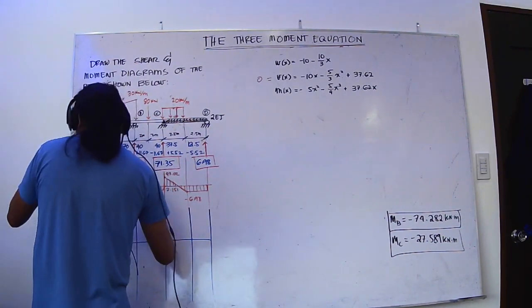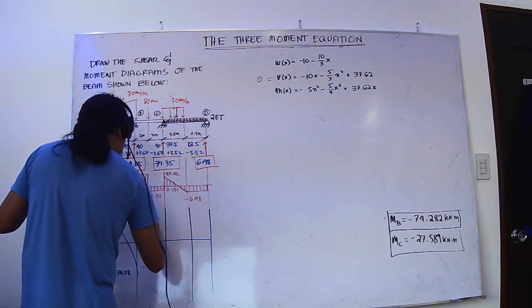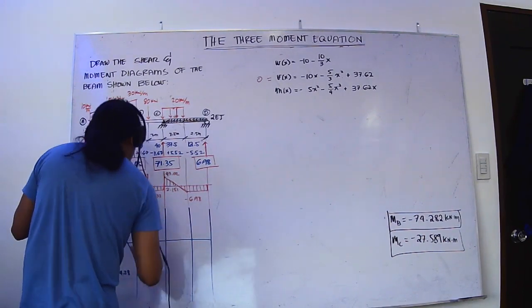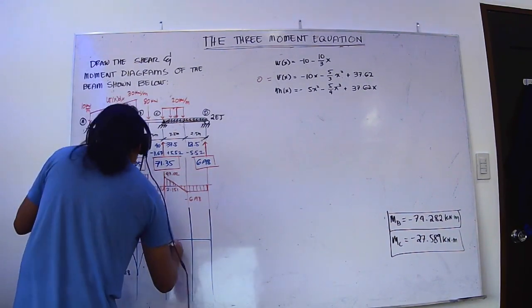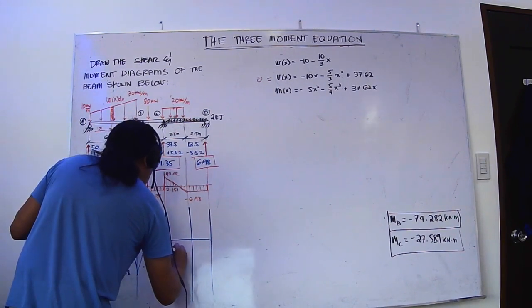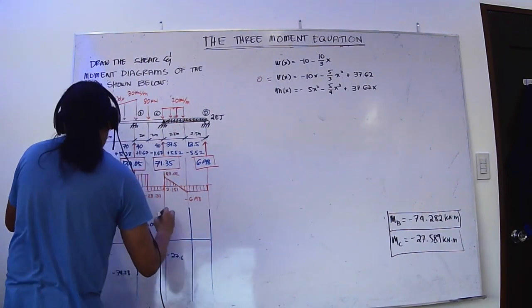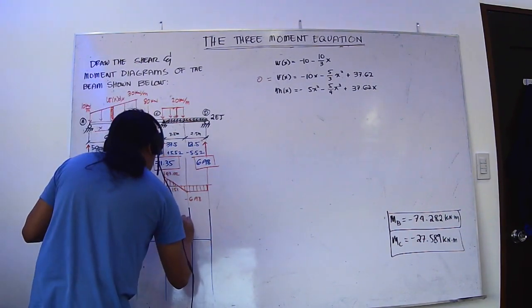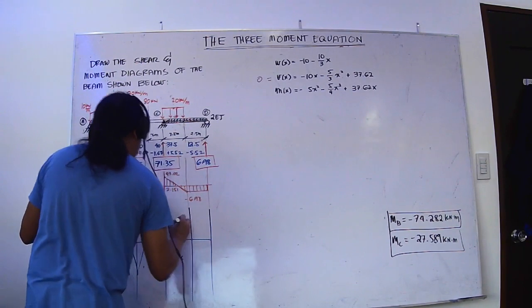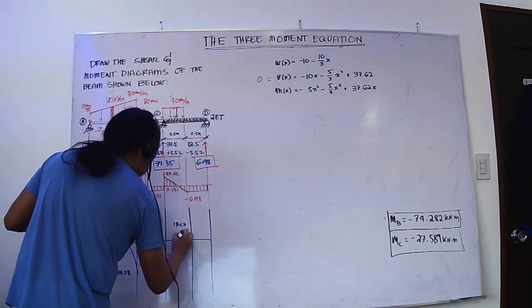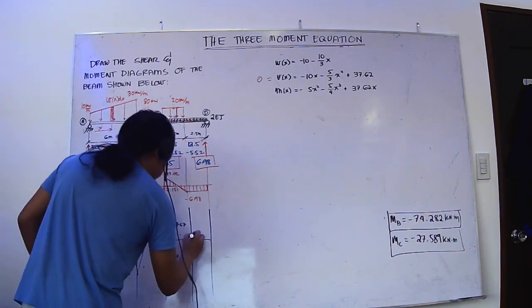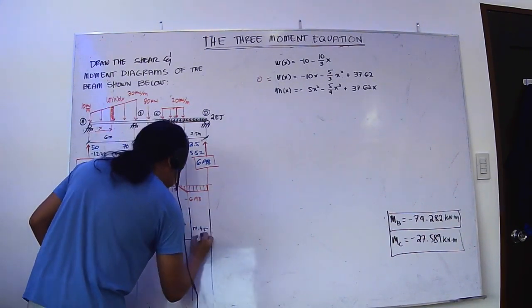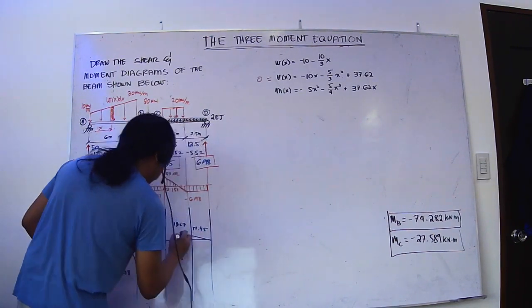This is 29.06. And this is negative 27.6. This is 18.67. Then 17.45. Then 0. Okay.